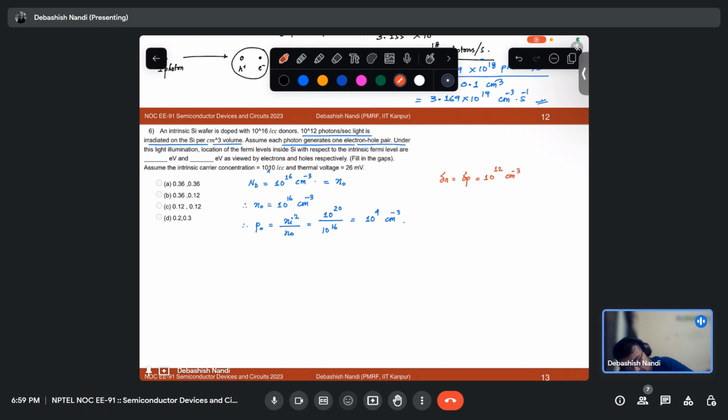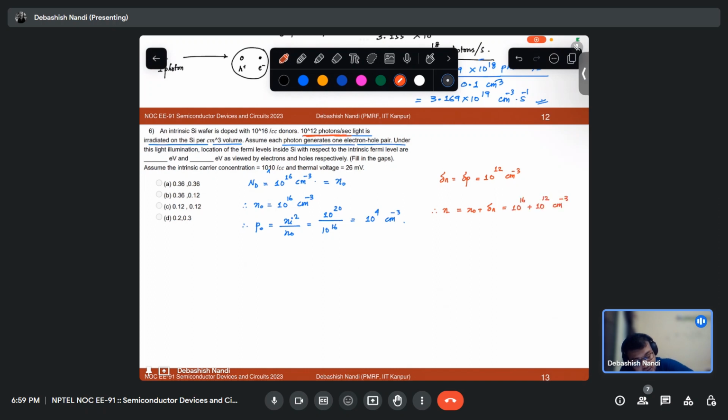This is the number of photons per second of light. That means this number of electron hole pairs are getting generated each second. So what is now your N? N is nothing but N0 plus delta N, that is 10 to the power 16 plus 10 to the power 12 per centimeter cube.